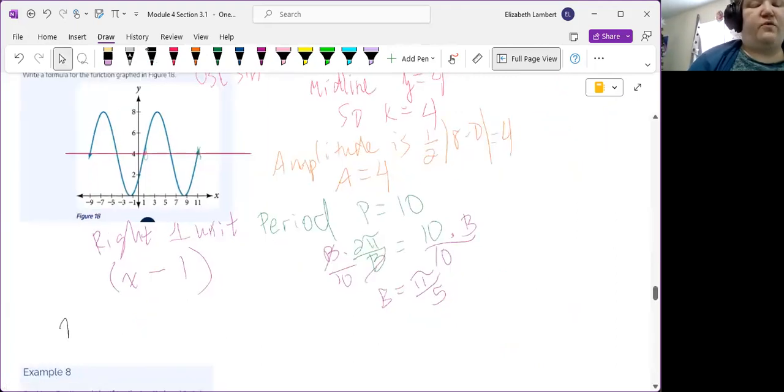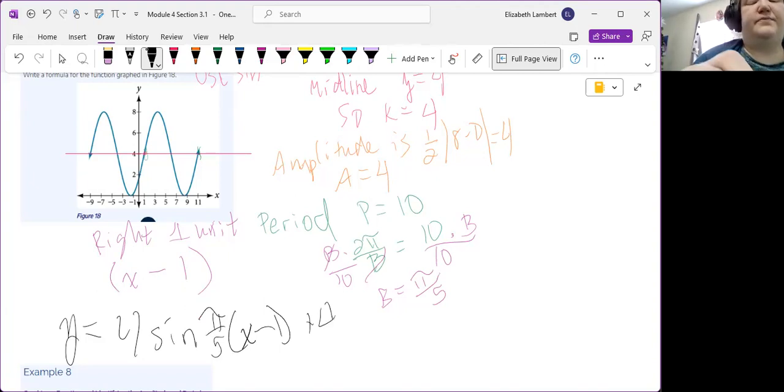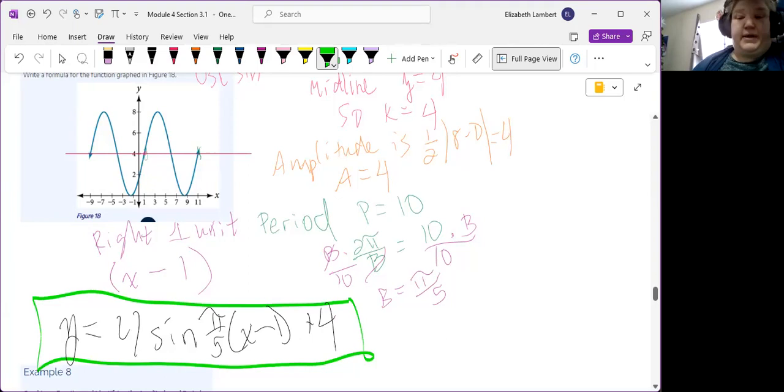So we have y equals 4 sine of, our b is pi over 5 times x minus 1. Then our k value is positive 4. So there's that ridiculous formula.